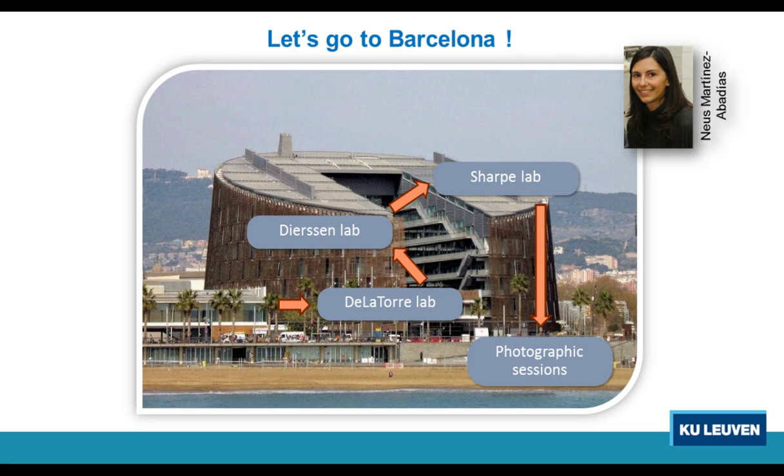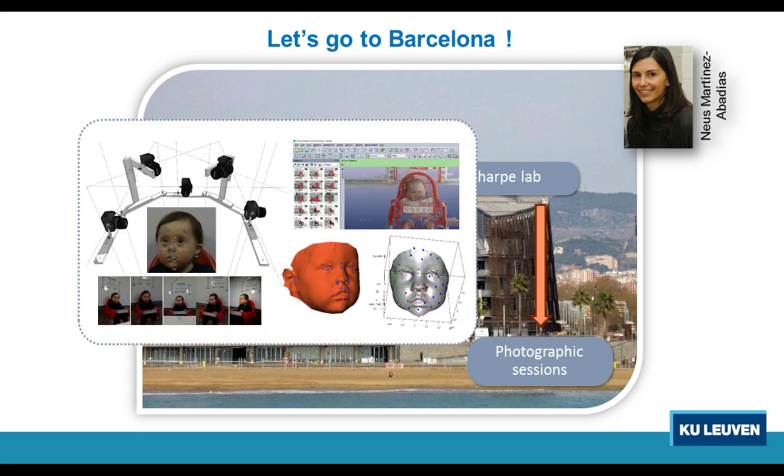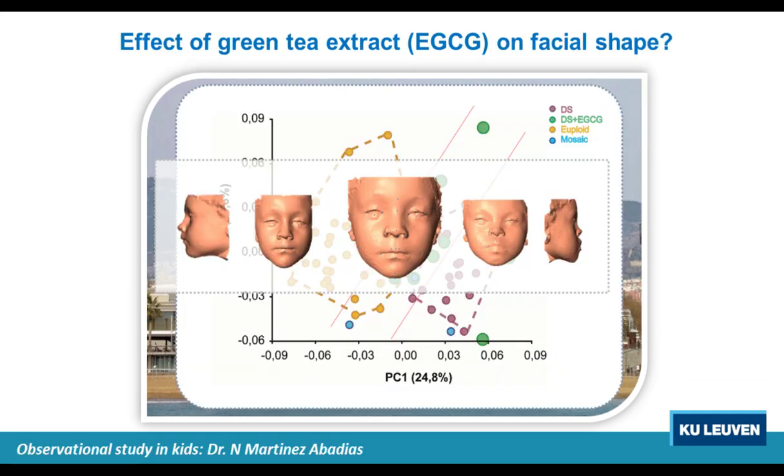And that's where my colleague in Barcelona, Dr. Neus Martinez, came into the picture, as she took this and set out to test this hypothesis by investigating the facial traits of these children. So this is her research, to look into whether this green tea extract can really make this improvement by analyzing and doing morphometry on the faces of these kids treated with the green tea extract.